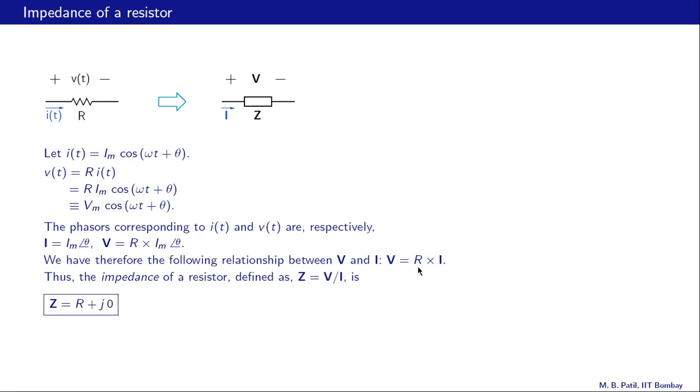From here Z is equal to R, and R is a real number, so we write that real number as R plus j0. So the impedance of a resistor is the resistance itself.